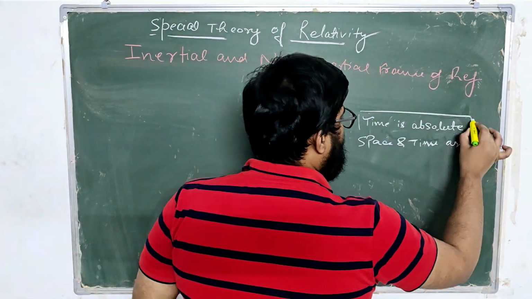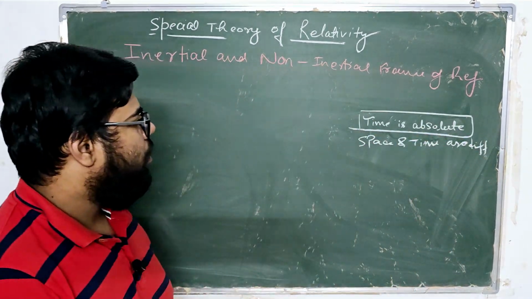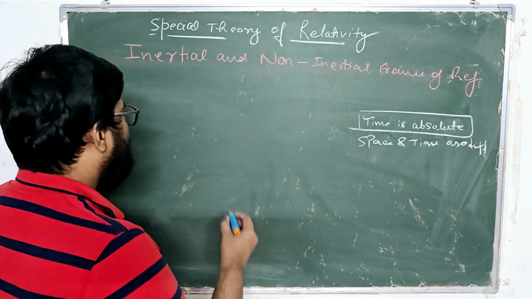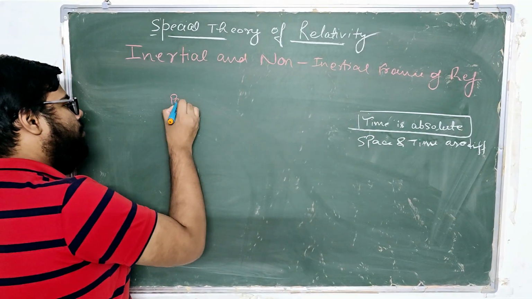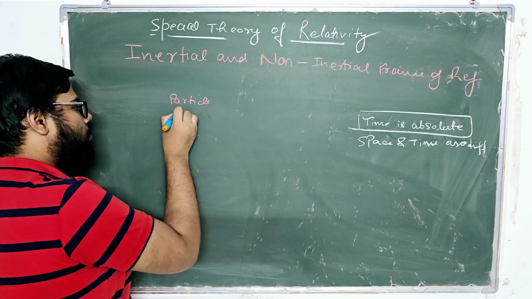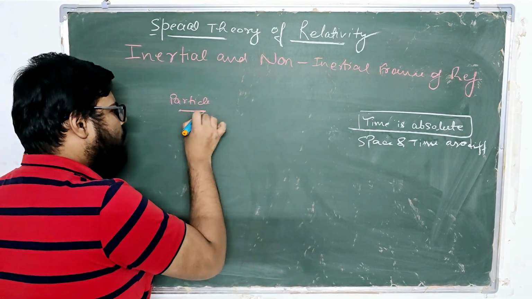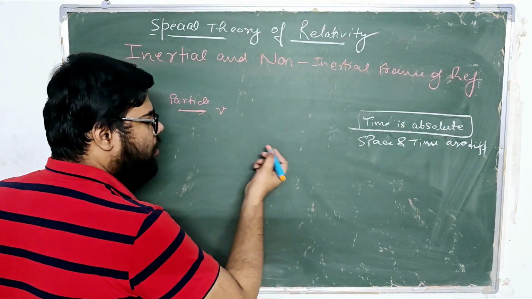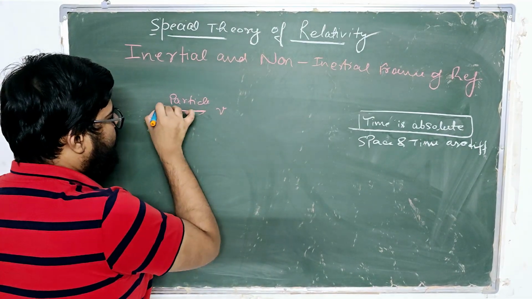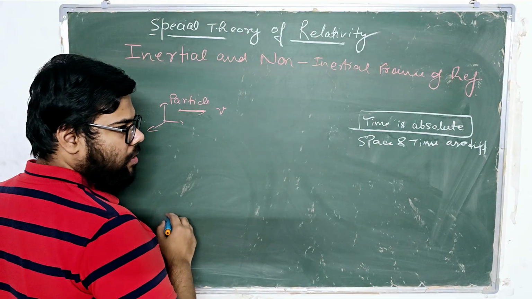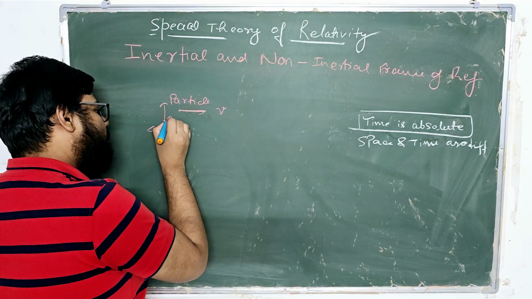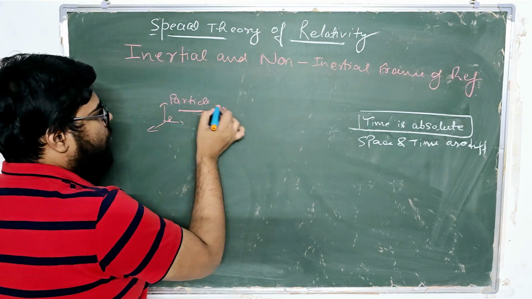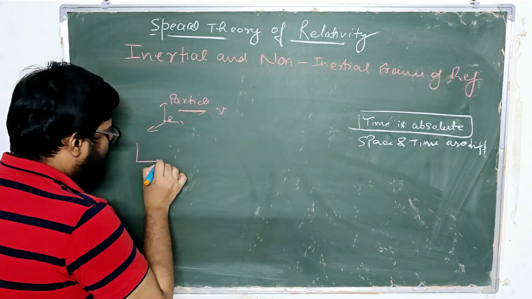Particularly with this one, Newton told that suppose there is a particle moving with a velocity v and there is an observer in that frame of reference, and suppose this whole frame is moving at a velocity v and there is another observer over here.